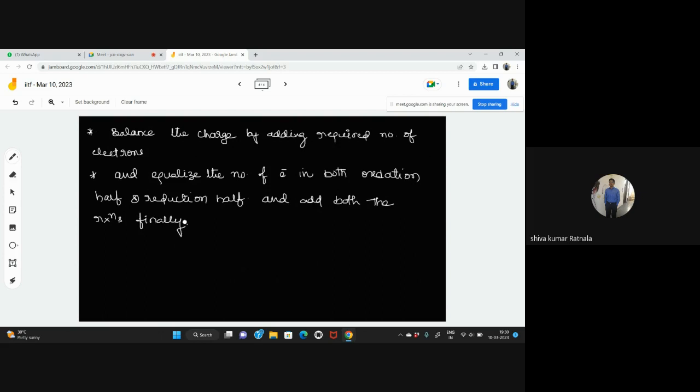So what did I say? After balancing hydrogen and oxygen, you need to balance the charge by adding the required number of electrons in oxidation half and reduction half. Now what you need to do? In oxidation and reduction, we need to balance by making the number of electrons equal. And finally, we are going to add both the reactions.